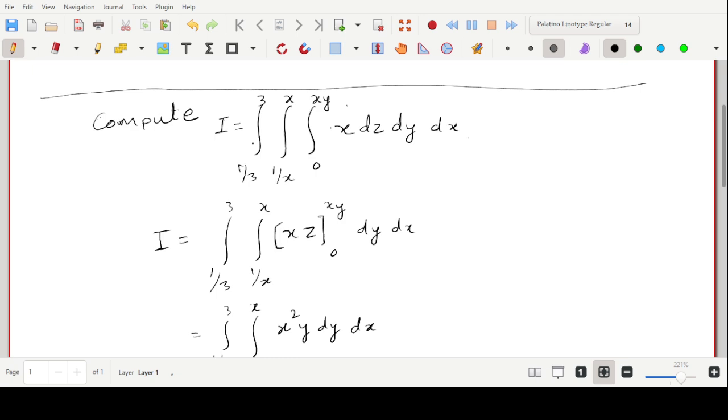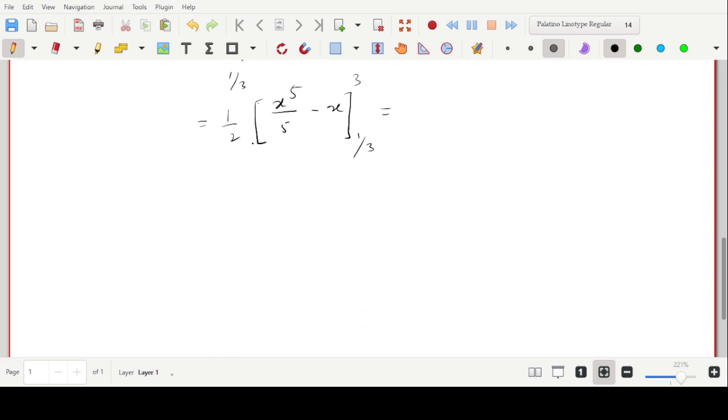But if the three-dimensional solid over which we want to integrate is given, then finding the limits of integration can be somewhat challenging in three dimensions.